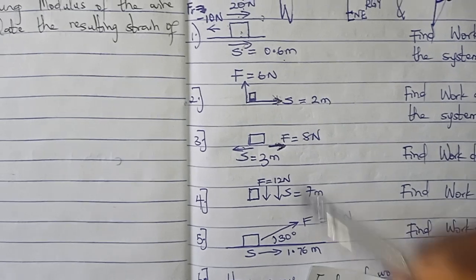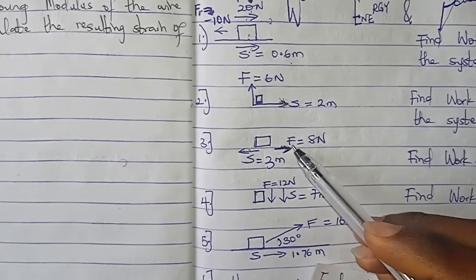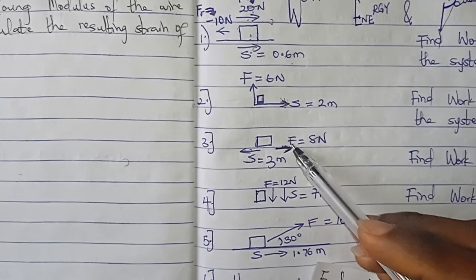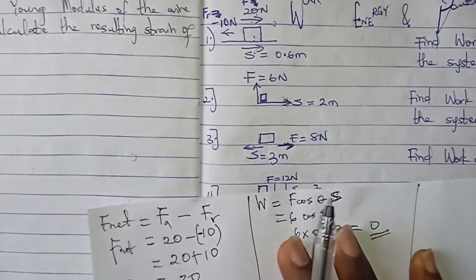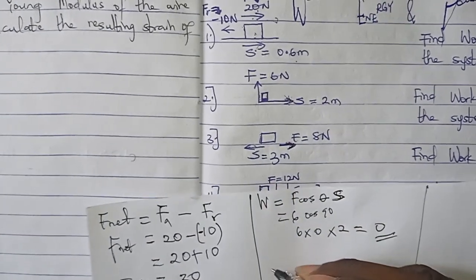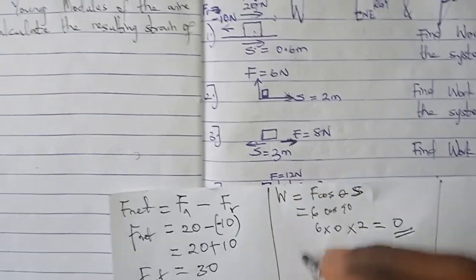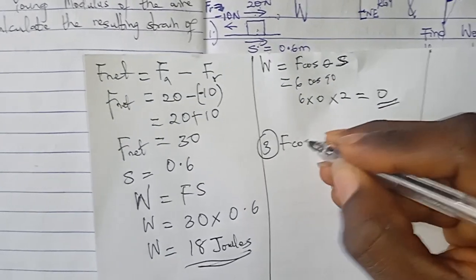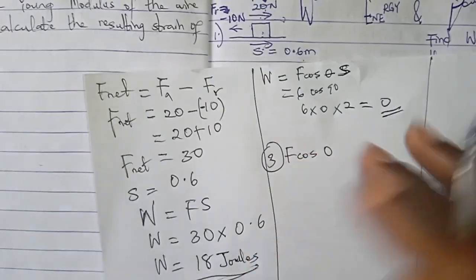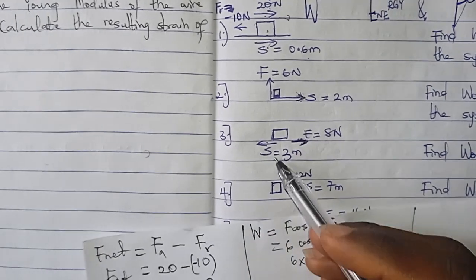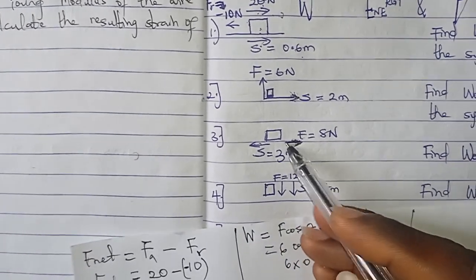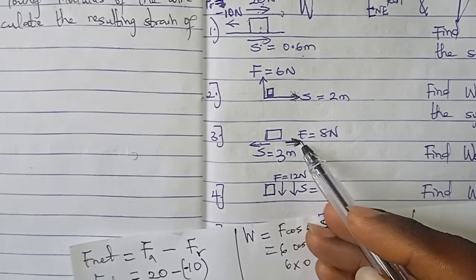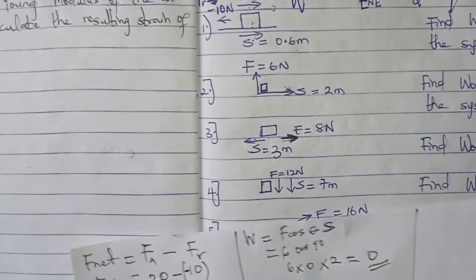So let's solve for force here. F, watch, number 3, F cos 0. This F cos 0 has no displacement. There's no displacement in this direction. Are you seeing it? So F cos 0, no displacement.